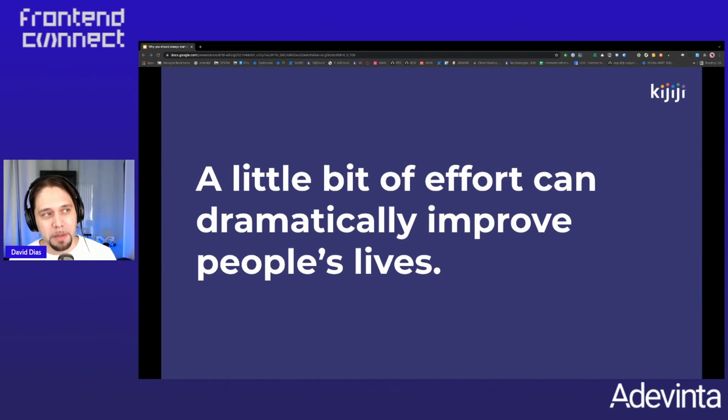It may be because just a little bit of effort from everyone involved in the industry, the shareholders, the marketing, the product, can drastically improve the lives of a lot of people, including people around us, friends, family, parents.